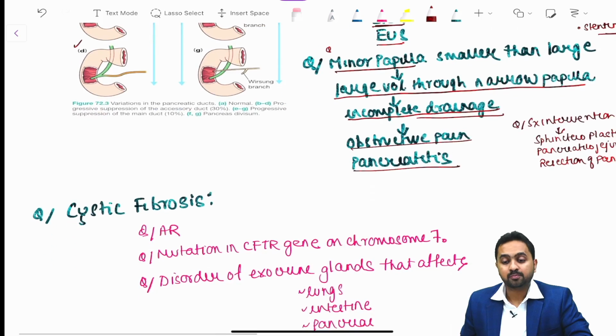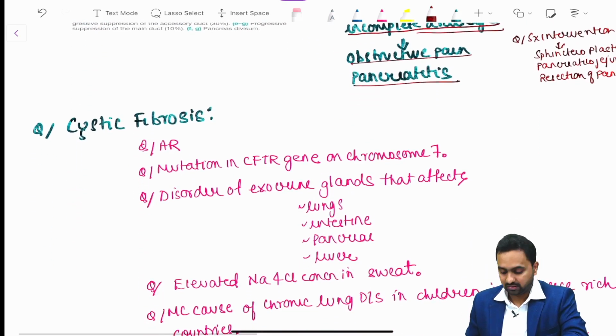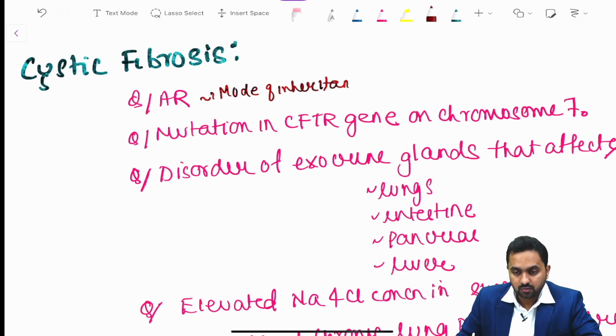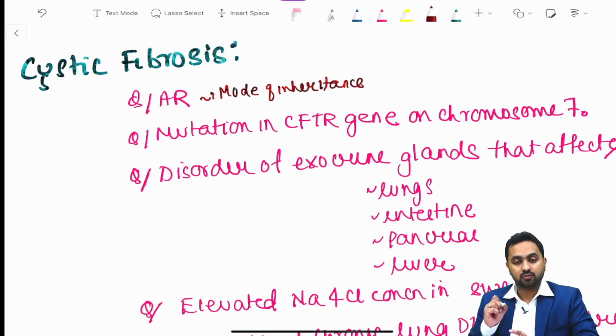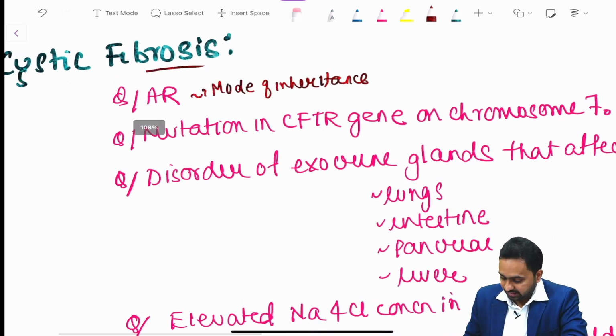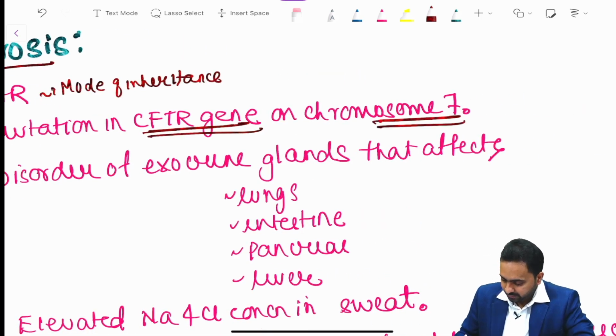Then another very important congenital anomaly that needs to be studied is cystic fibrosis. The mode of inheritance is autosomal recessive. This is a very frequently asked question with respect to cystic fibrosis. Then you have a mutation in the CFTR gene, which is situated on chromosome 7.